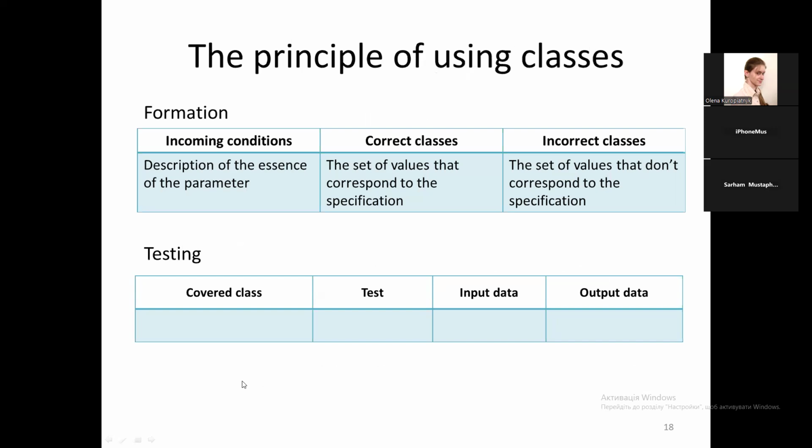Let's consider the principle of using classes when we need to present the results of testing software, or part of software, by this method. We can use two types of tables, and you can see these tables.